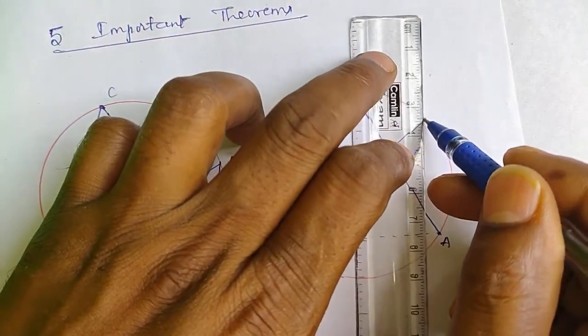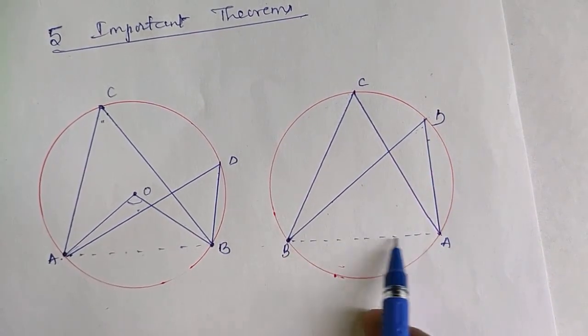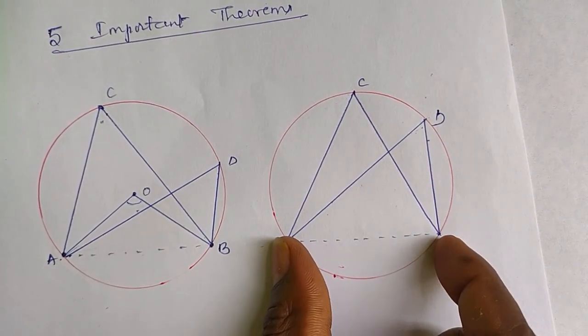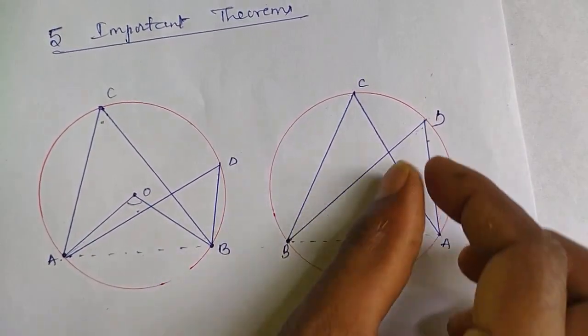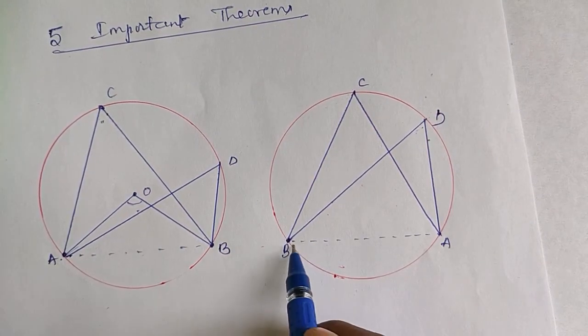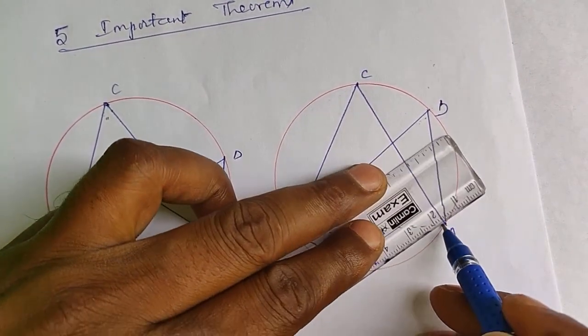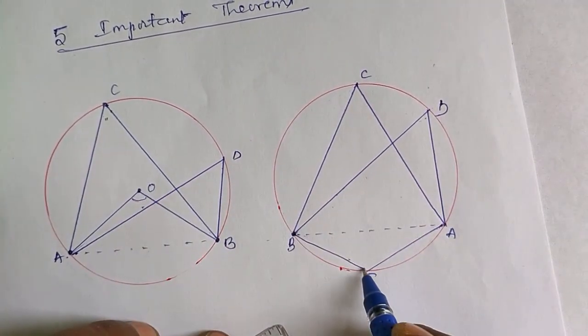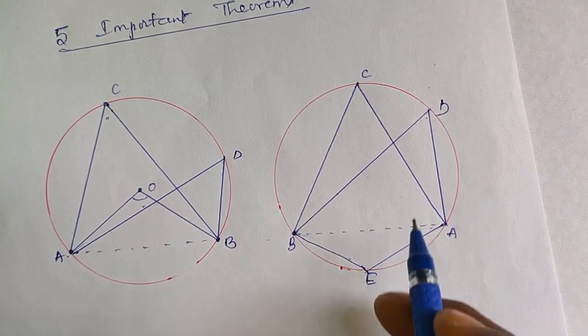If you form one more angle at D, look at this, angle D is also standing on AB only. So angle D and angle C both are standing on AB. Suppose one more angle here, we mark it as E. So angle E is also standing on AB only.